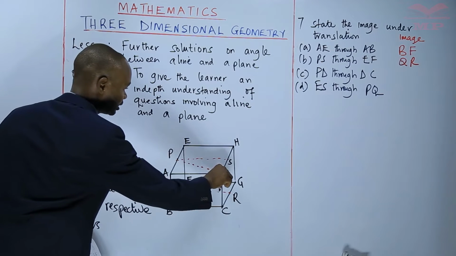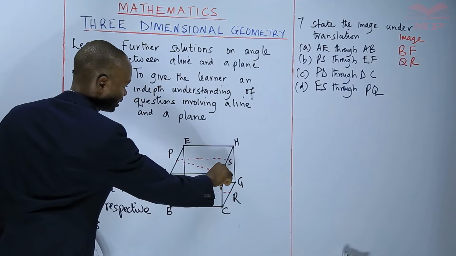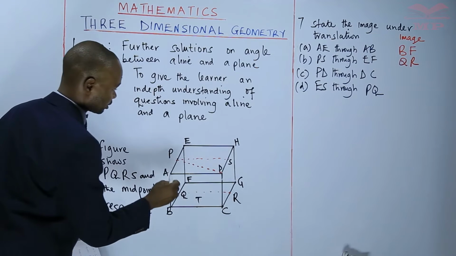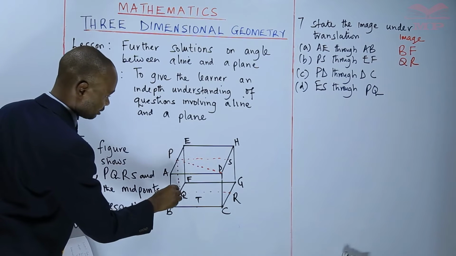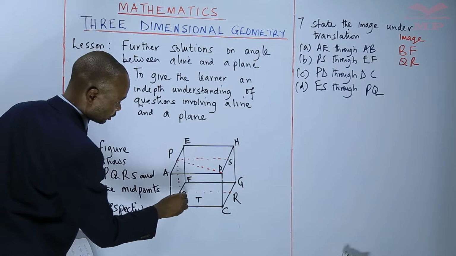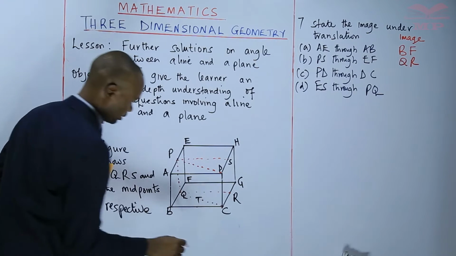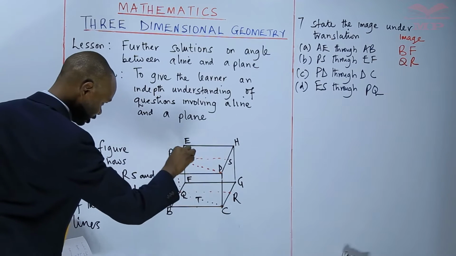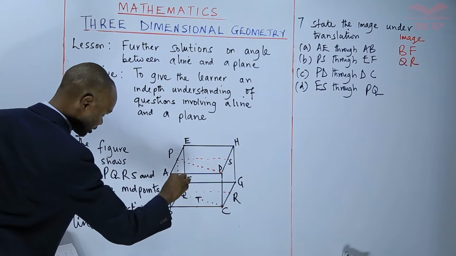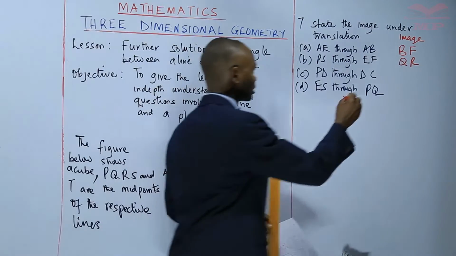So the relative position of P, after translating, will come to the bottom of the cube. You'll end up having QC under translation, because this distance is the same as the distance PQ.